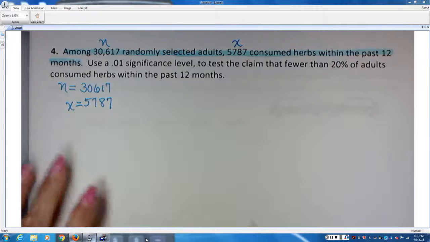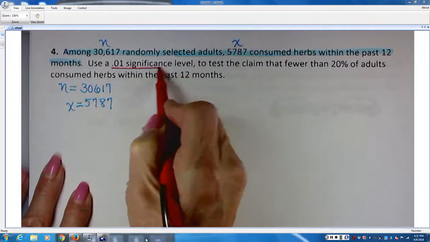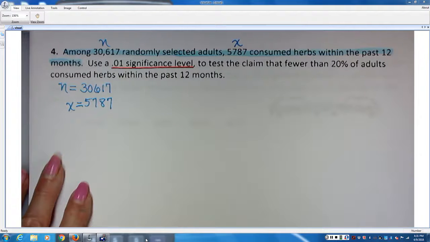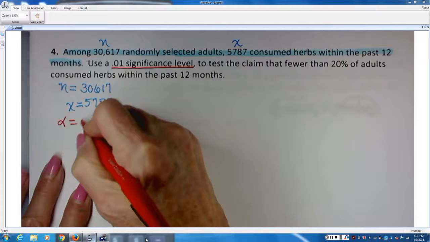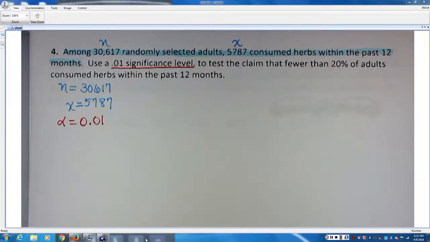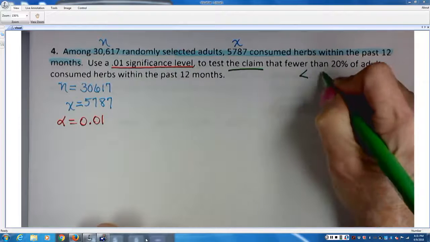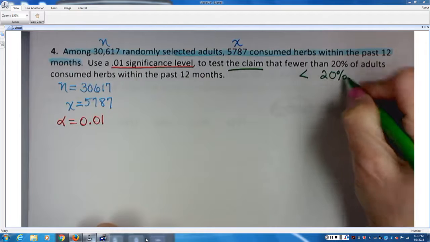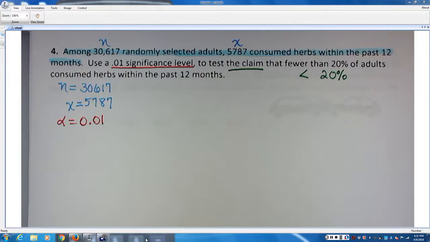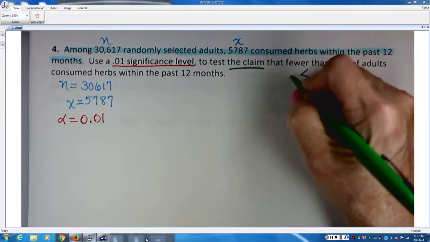And what we're going to do is use a 0.01 significance level to test the claim that fewer than 20% of adults consumed herbs within the last 12 months. Now, when we see 20%, is that a mean? That's a proportion, so that determines what our test is.